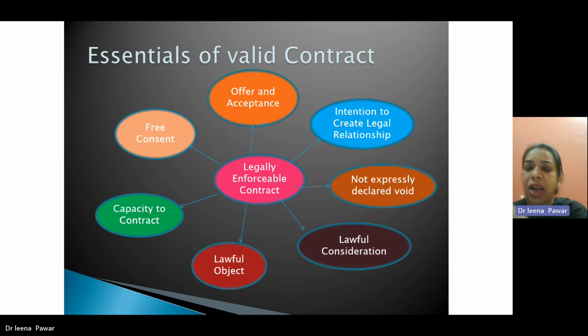Let us discuss an example. A lawfully wedded wife is entitled to enforce her claim of maintenance by filing a suit against the husband under Section 125 of the CrPC.